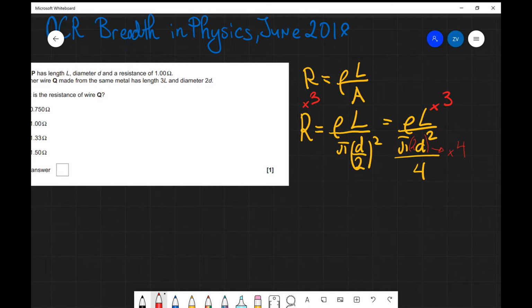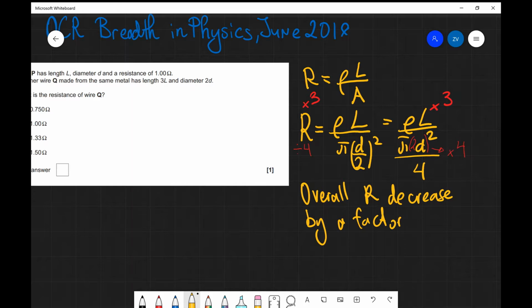Well, notice that R and the area are inversely proportional, and if D increases by a factor of 4 in this term, R is going to decrease by a factor of 4. So overall, you can write this over here, overall R changes by a factor of 3/4.